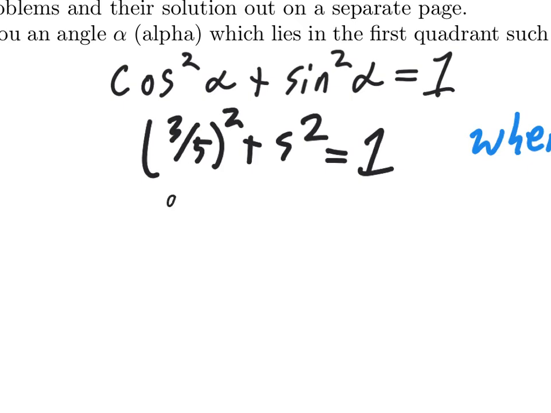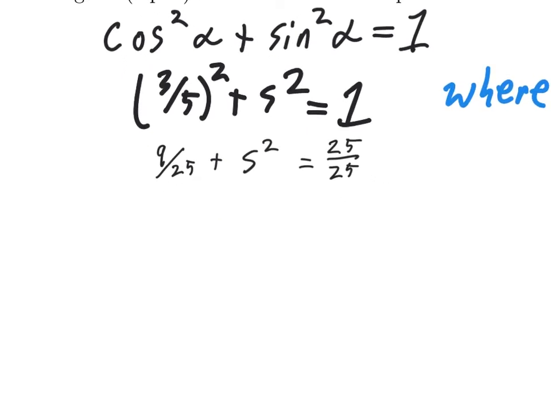3/5 squared: square the top, you get 9, square the bottom, you get 25, plus S squared is equal to 1, which I'll go ahead and write as 25 over 25, because I'm about to do some subtraction. I need to subtract 9/25 from the other side. S squared is equal to 25/25 minus 9/25. 25 minus 9 is 16 over 25.